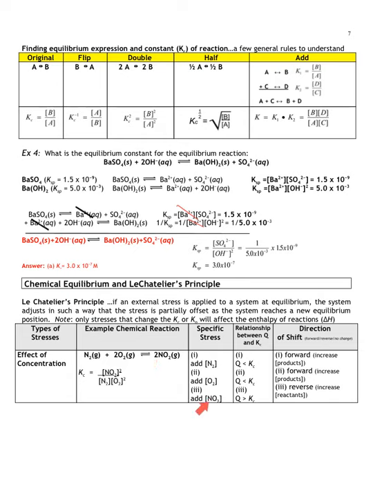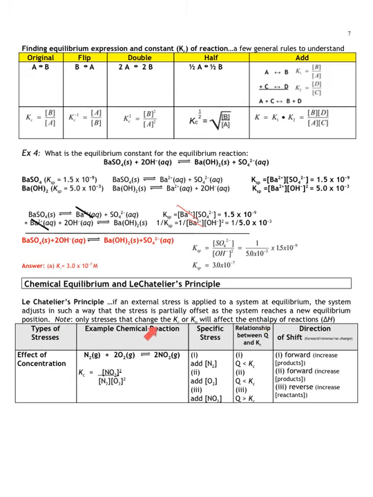Now, much of what I'm doing is teaching all the content, and then we're going to practice afterwards. So we're going to get into now Le Chatelier's principle and equilibrium. Le Chatelier's principle states that if an external pressure or stress is applied to a system at equilibrium, the system will adjust in such a way that the stress is partially offset as the system reaches a new equilibrium position.